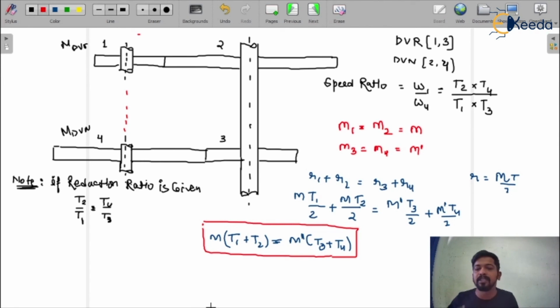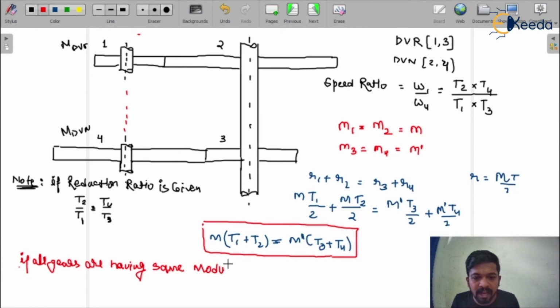So the final result would be T1 plus T2 is equal to T3 plus T4, because the module will cancel out.